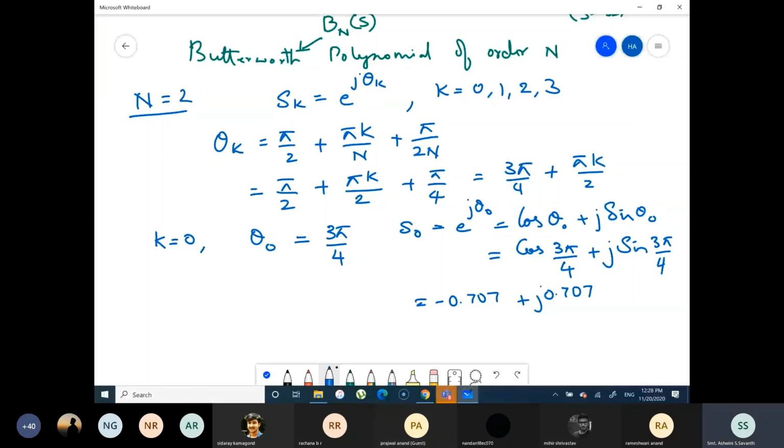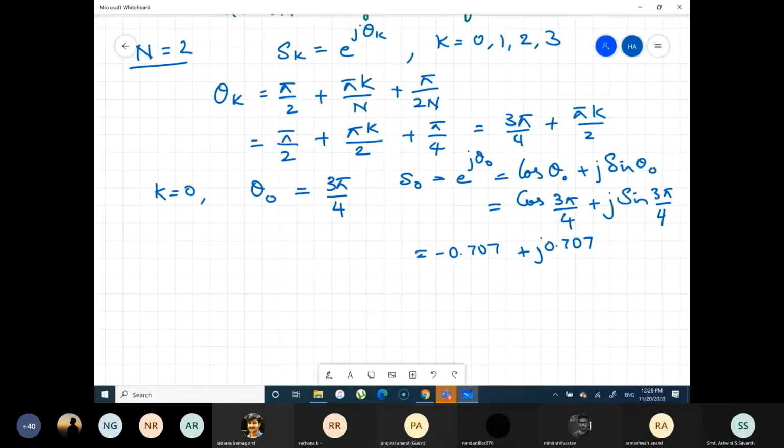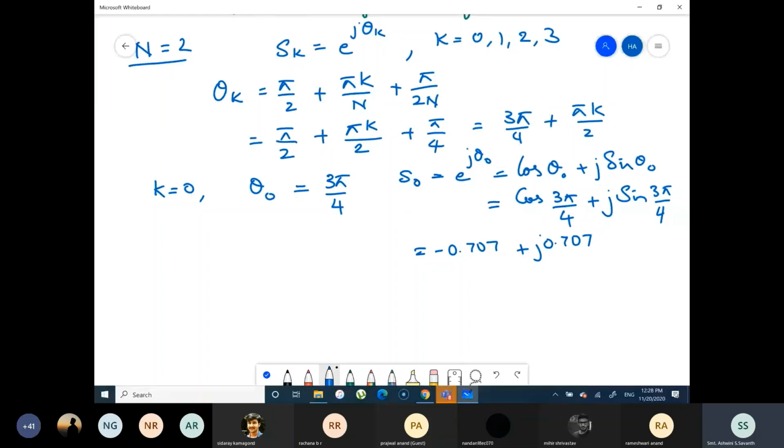Similarly, if you put k equals 1, you will get theta 1 equal to 3 pi by 4 plus pi by 2, which will be 5 pi by 4.